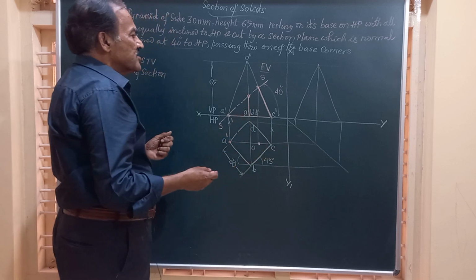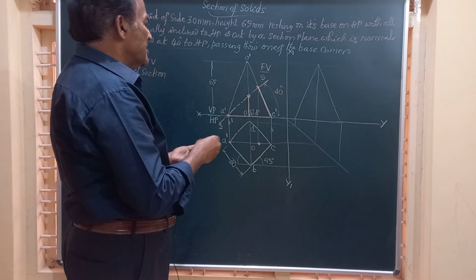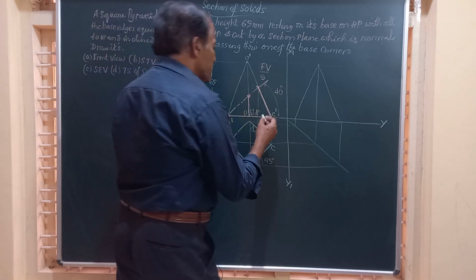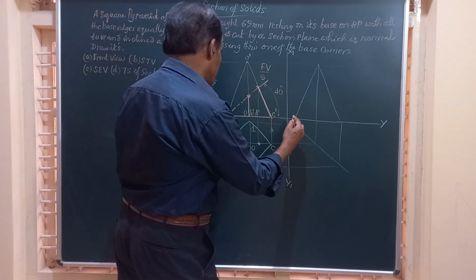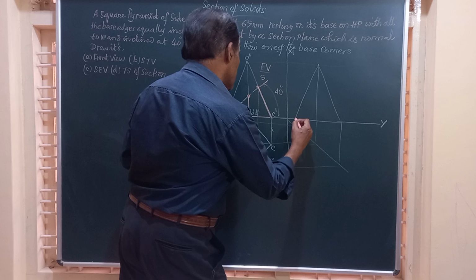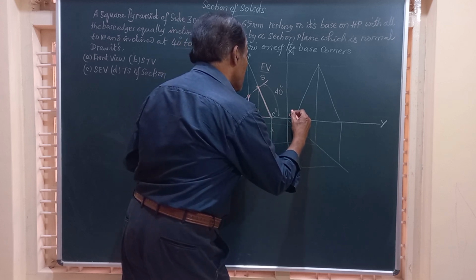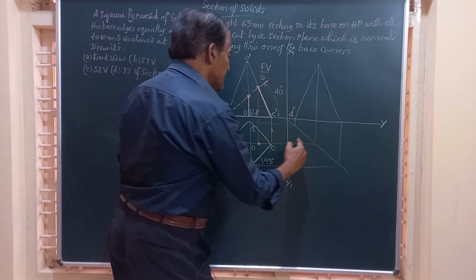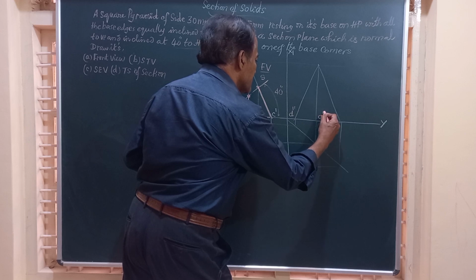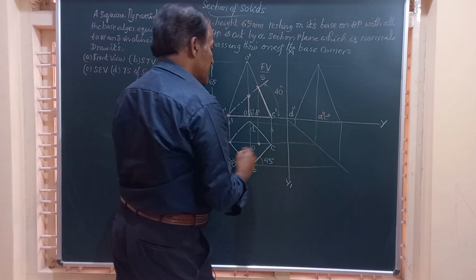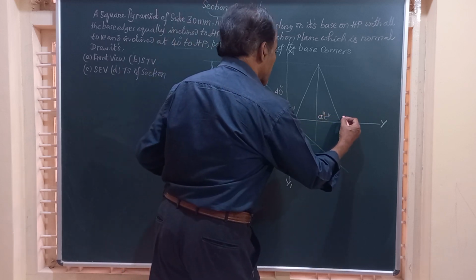And to locate that, since we are drawing the sectional end view also, we can project this. And before that, let me mark this. This is D double dash. This line is A double dash, C double dash, and this is B double dash.